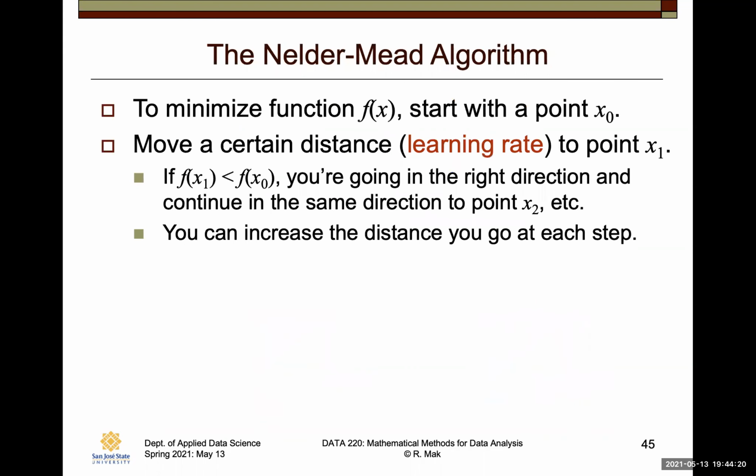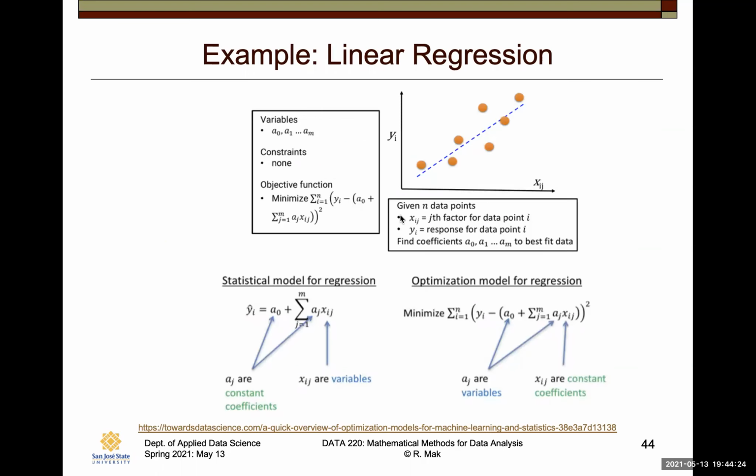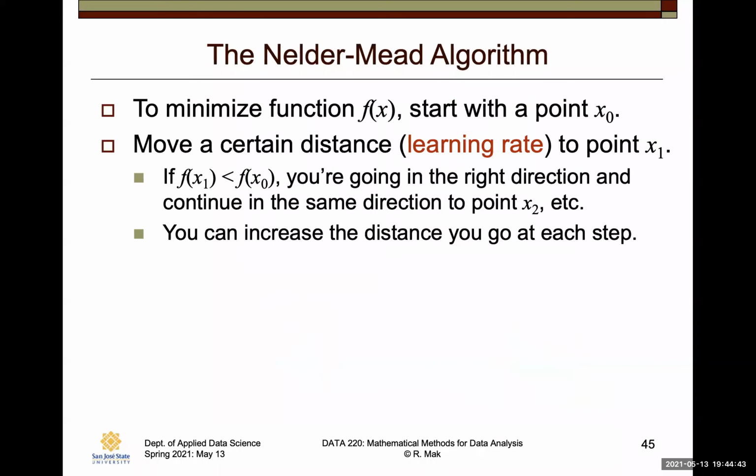Now there are various algorithms for doing this. So if we are going to try to solve linear regression by treating it as an optimization problem, I'm not saying that's the best way to do it, but I wanted to start out with a simple example. There are various algorithms for doing this, and a popular one is called Nelder-Mead.